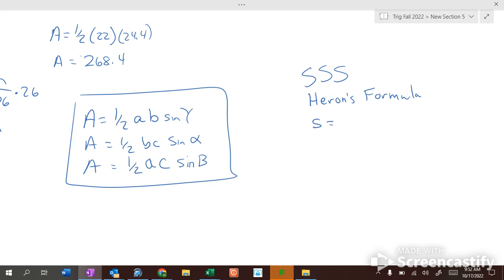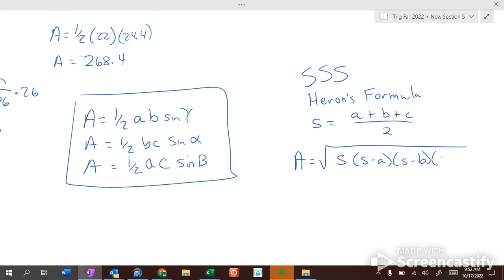And S equals side A plus side B plus side C, all divided by 2. Then the area equals the square root of S times S minus A times S minus B times S minus C. And I think it's absolutely amazing that he discovered this formula.